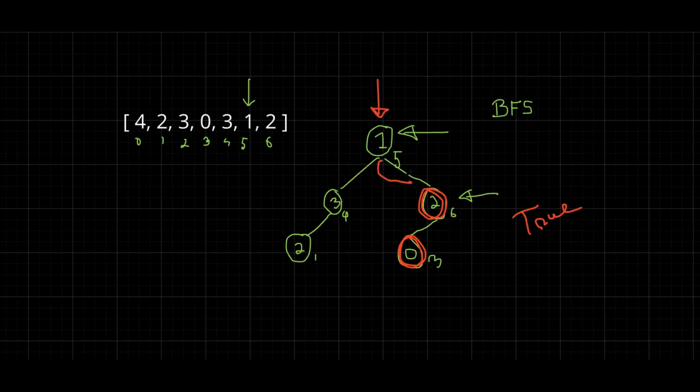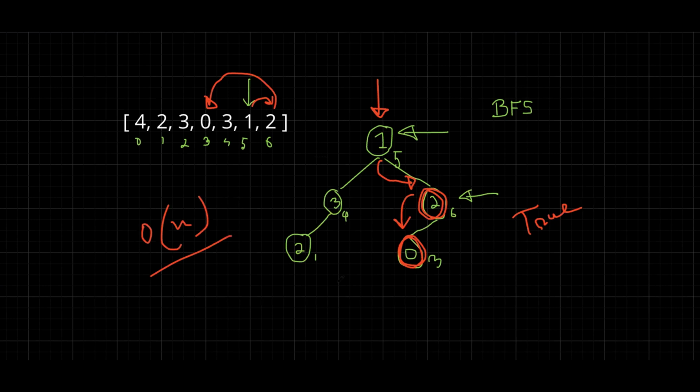From 1, we will get to the 2, which is this. From 2, we will get to the 0. Now, this is how the BFS algorithm will work. And the overall time complexity of this algorithm is big O of n, which is linear time complexity. I hope you understood the algorithm.